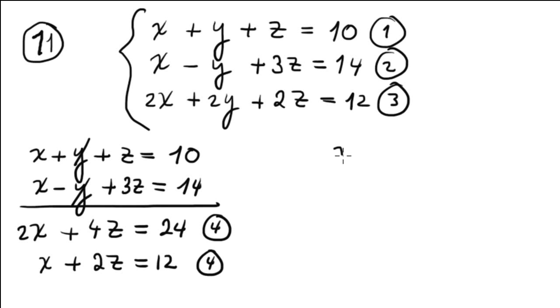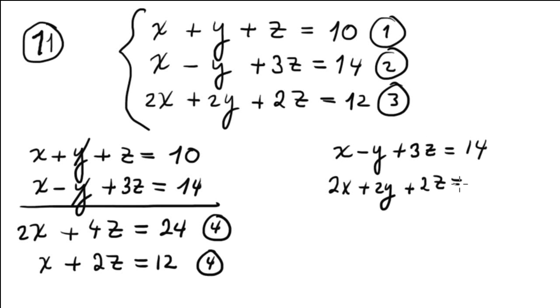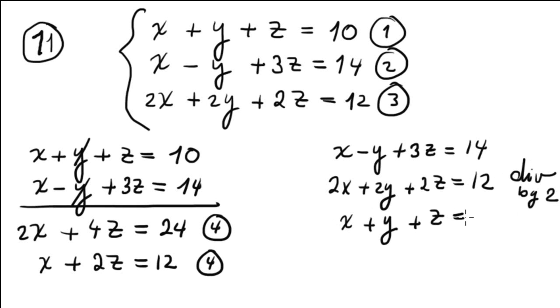Suppose x minus y plus 3z equal 14, and 2x plus 2y plus 2z equal 12. I propose dividing equation number 3 by 2. When you divide the entire equation number 3 by 2, we have x plus y plus z equal 6.